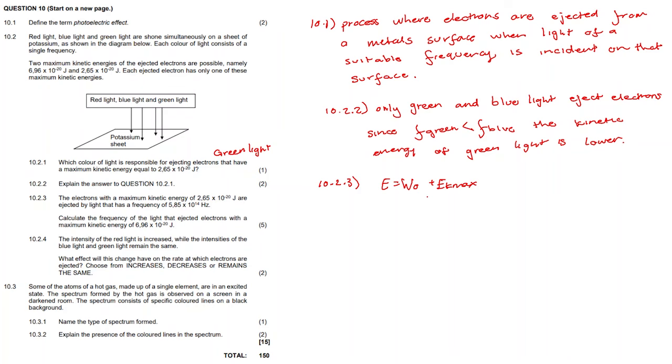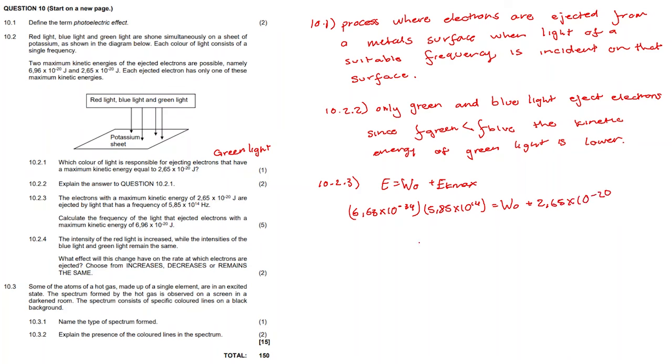We can then calculate our work function from the two values we have already, energy being broken down into h times f, h being a constant given, frequency being 5.85 times 10 to the 14, is equal to the work function plus 2.65 times 10 to the negative 20.